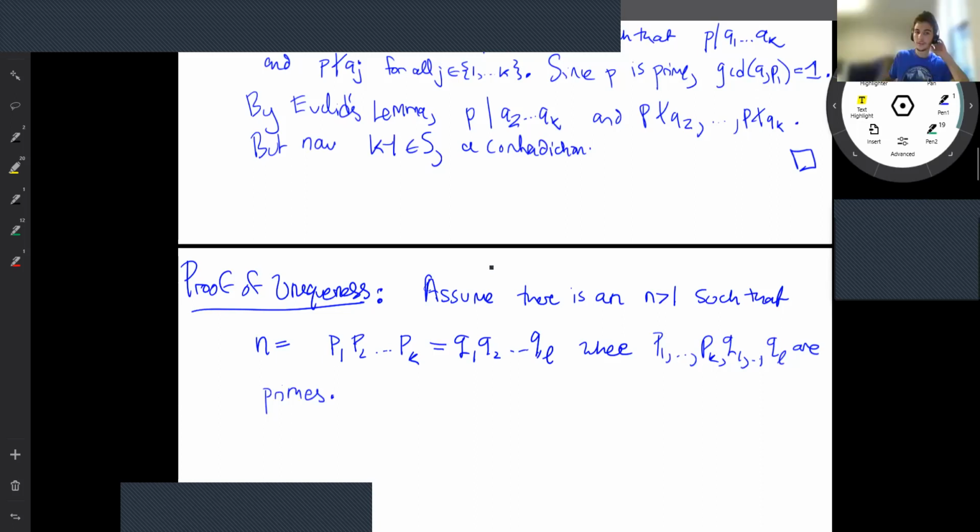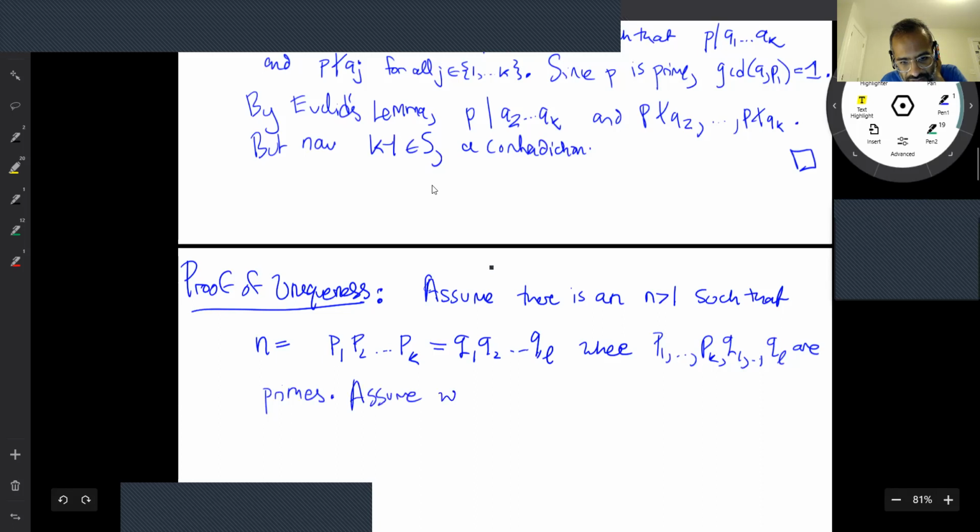We can just divide it out. Yeah, you can just divide it out, right? So assume, without loss of generality, that pi is not equal to qj for every i and j. Otherwise, we could divide it out.